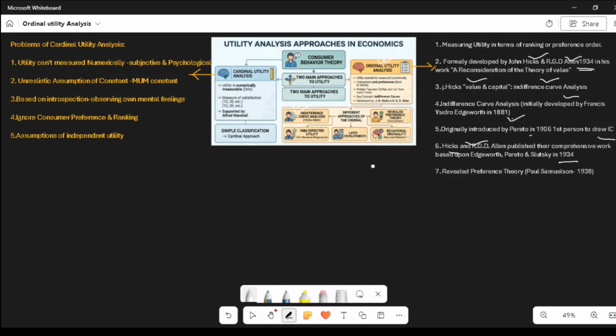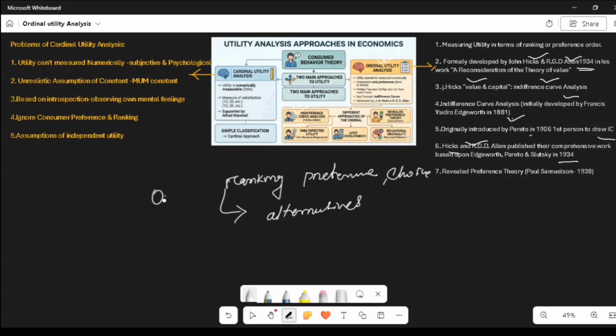While we are talking about ordinal utility, here we are talking about the ranking, preference and choices among different alternatives.